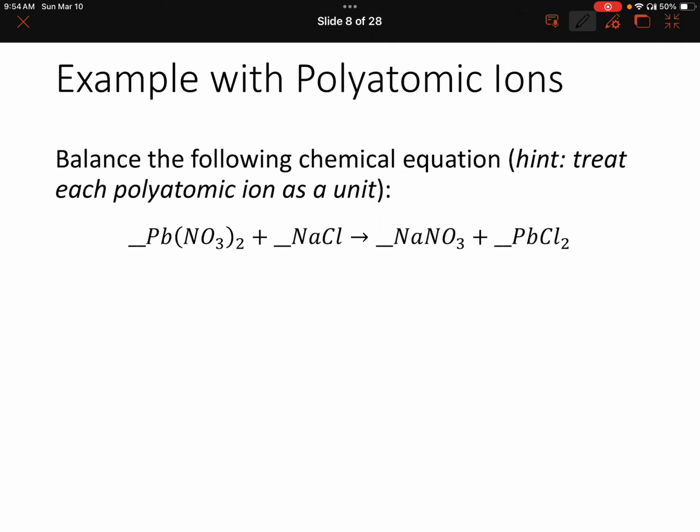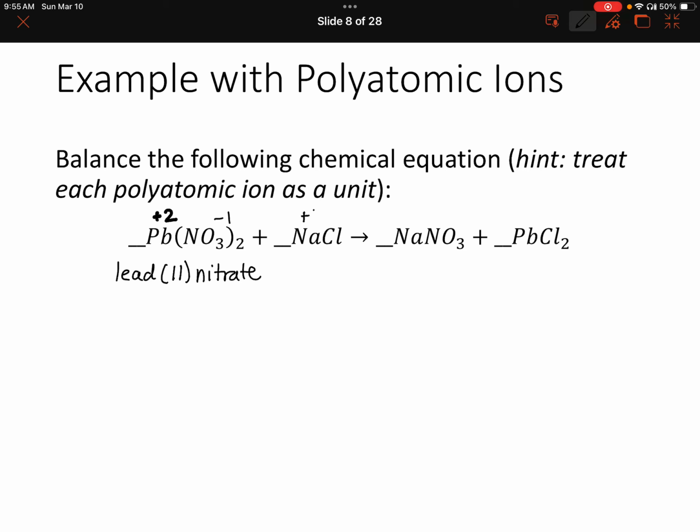So it looks like we have lead(II) nitrate. Remember, nitrate has a -1 charge, and there are 2 nitrates there, so that must mean lead has a 2+ charge, or a +2 charge, whichever way you want to say it. That's reacting with sodium chloride, NaCl.